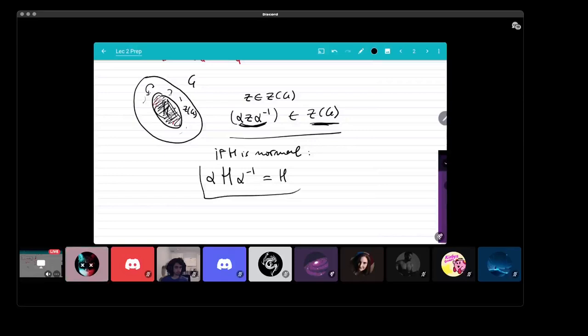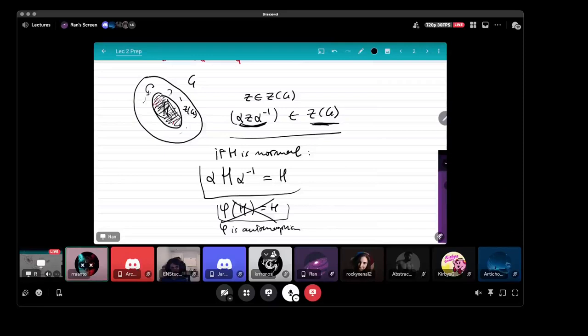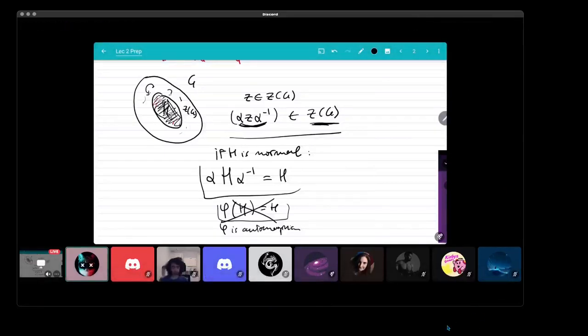This does not work in general for any normal subgroup and any automorphism. The subgroups for which this property holds for any automorphism are called characteristic subgroups, if I'm not wrong, but I don't think that's too relevant for now.